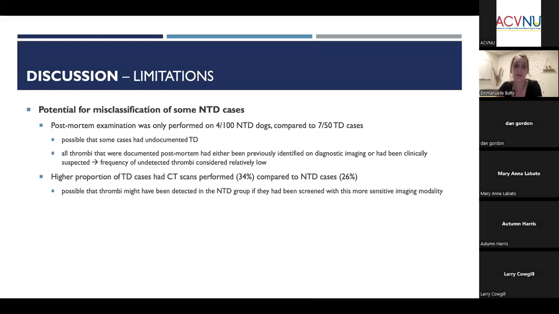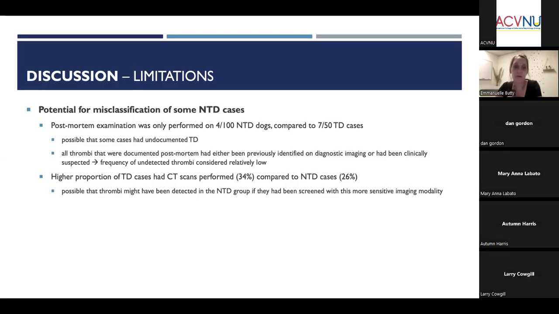And their defense is that all thrombi that were identified postmortem were also identified during routine imaging, or were clinically suspected. So it's quite unlikely that they may have missed something postmortem if nothing when the patient was alive was leading towards the patient having a thrombus.